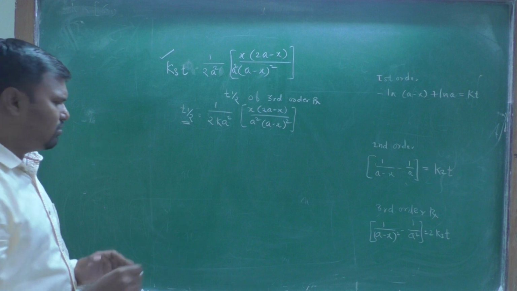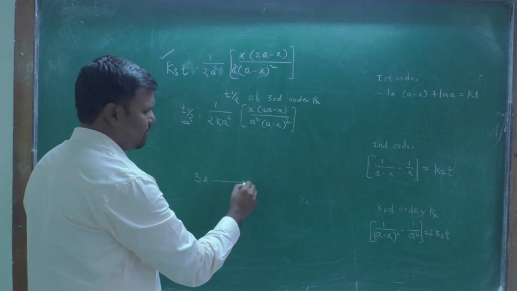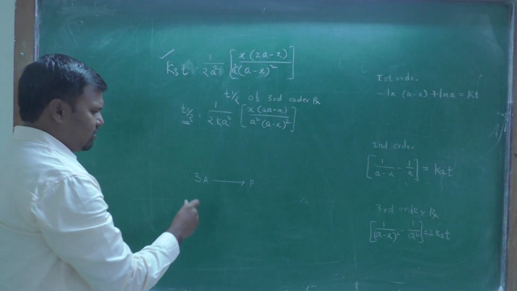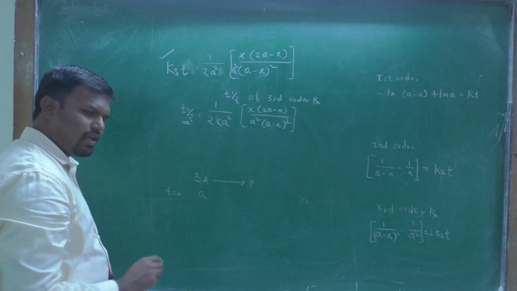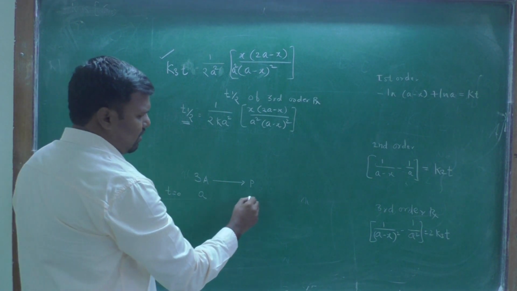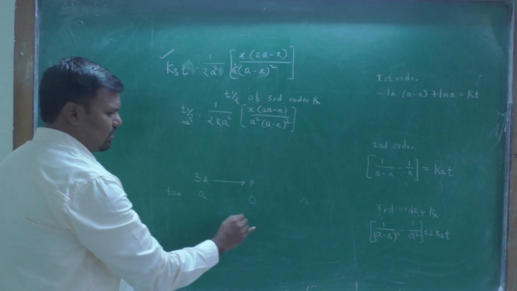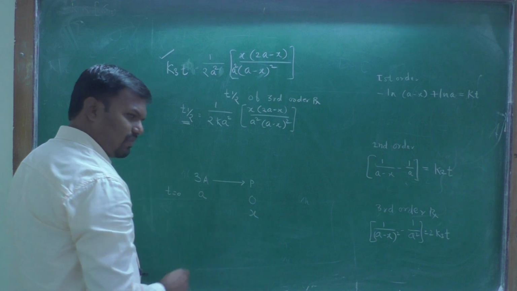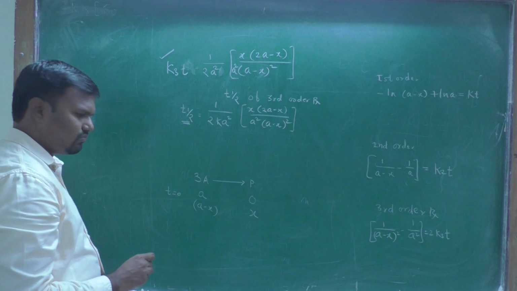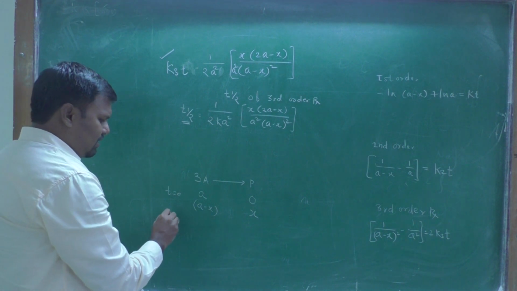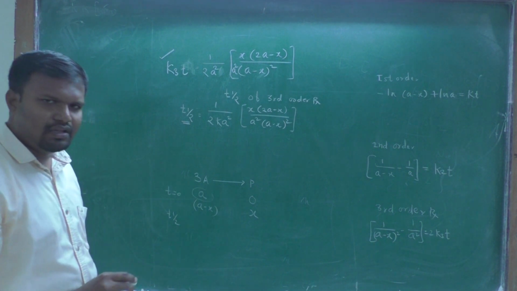We know that from reactant you obtain the product. At the start, at t equal to 0, the reactant concentration was a and the product was 0. After some time, x of product is formed and a minus x of reactant remains. After t1/2, this quantity should be half.